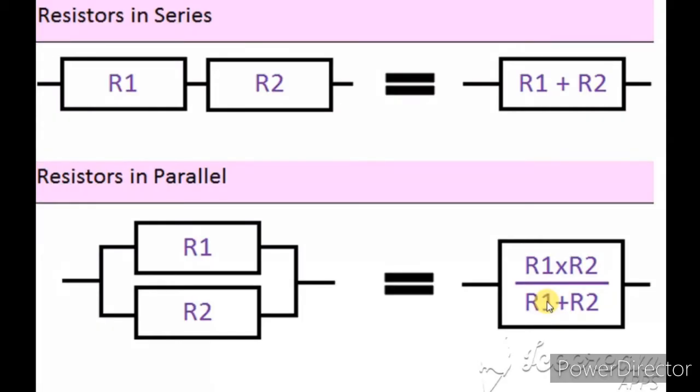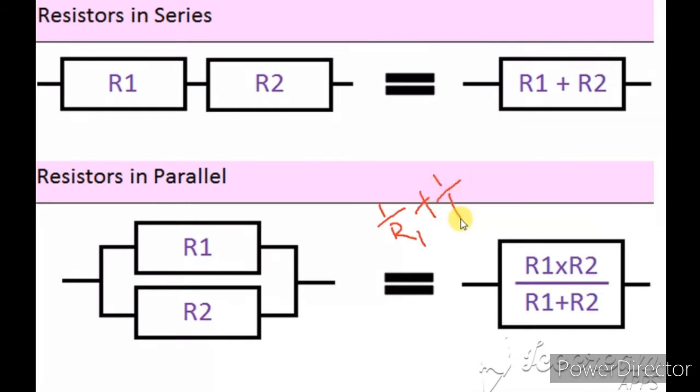Here resistors in series R1 R2, in parallel R1 R2. In series you can just add R1 plus R2, but when you are adding in parallel, you will be writing it as 1 by R1 plus 1 by R2. This is what you will be writing for the parallel one.